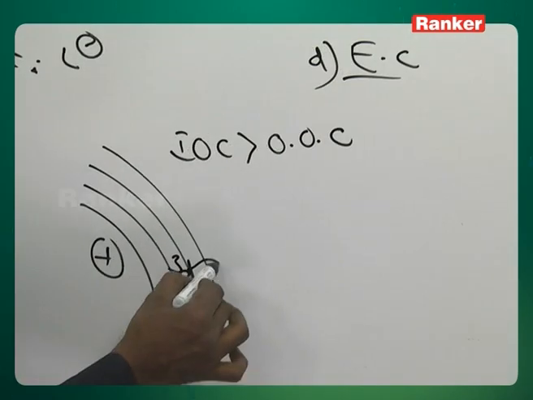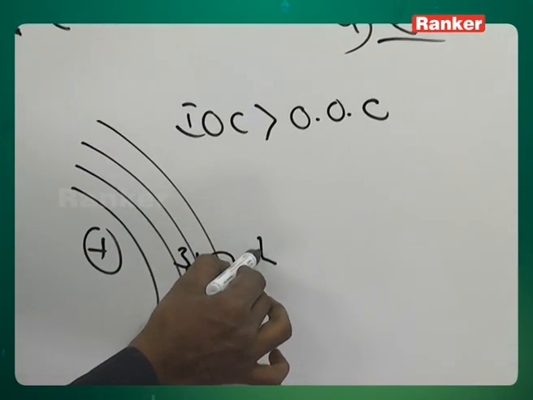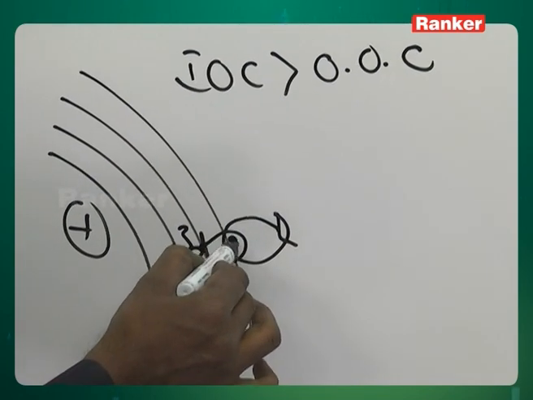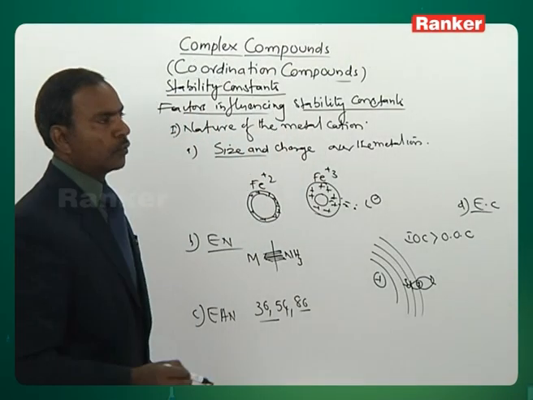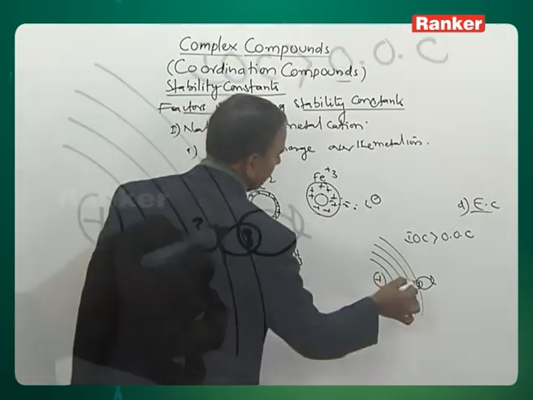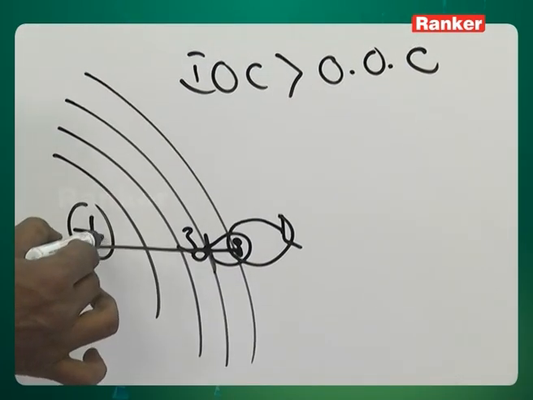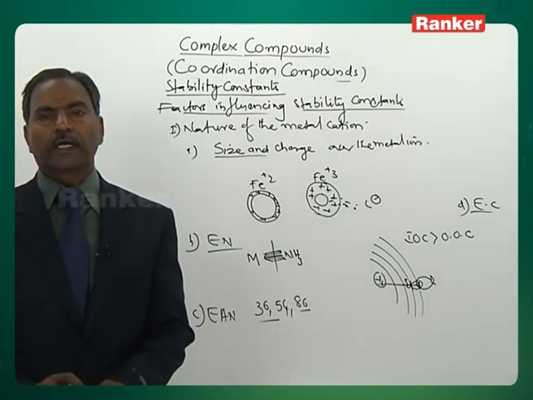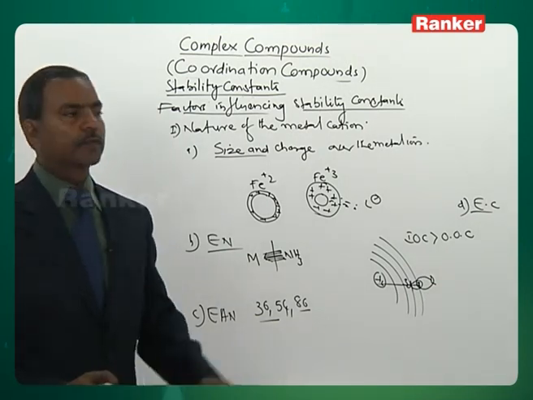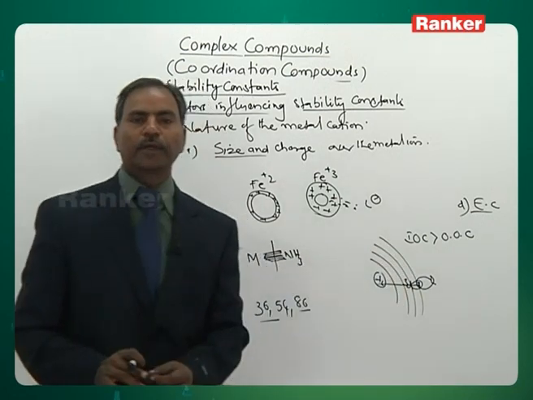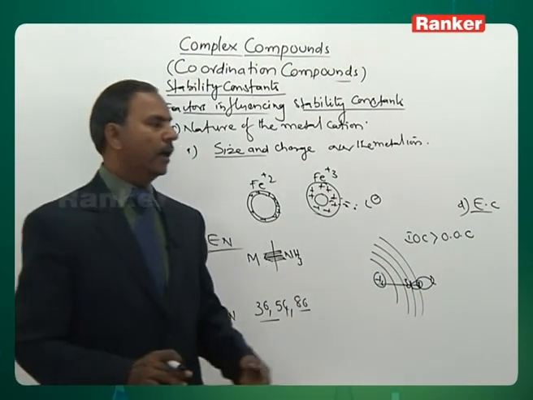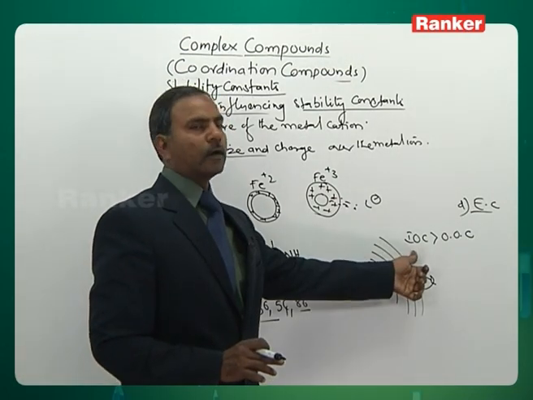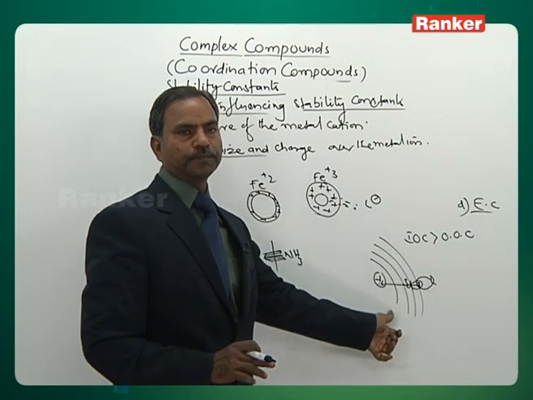The bonded pair of electrons from the ligand will be near to the nucleus of the metal ion, so there is more attraction force over the bonded pair, and the strength of the bond will be high. Therefore, an inner orbital complex is more stable.